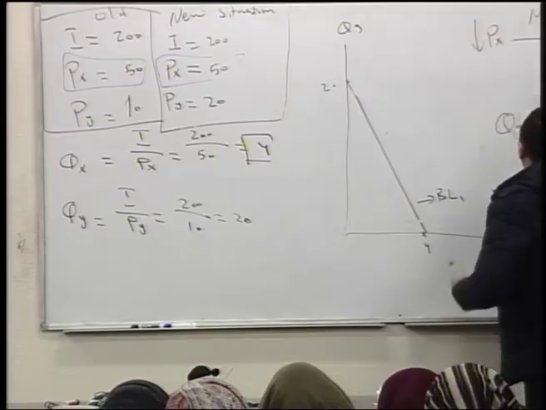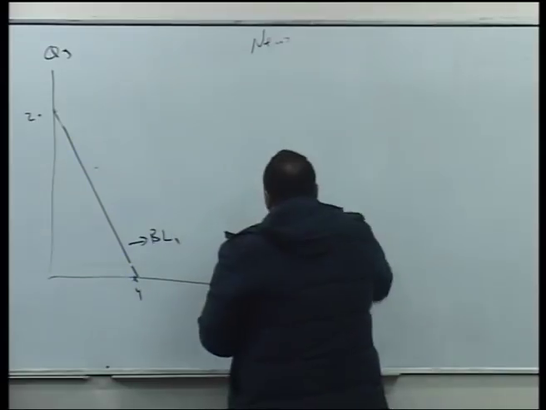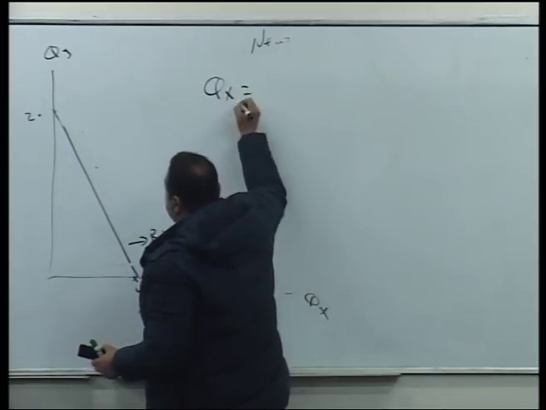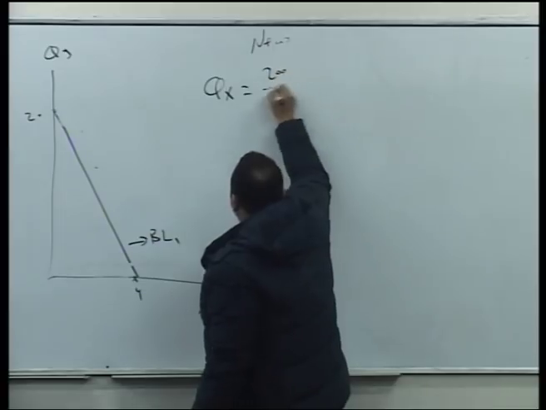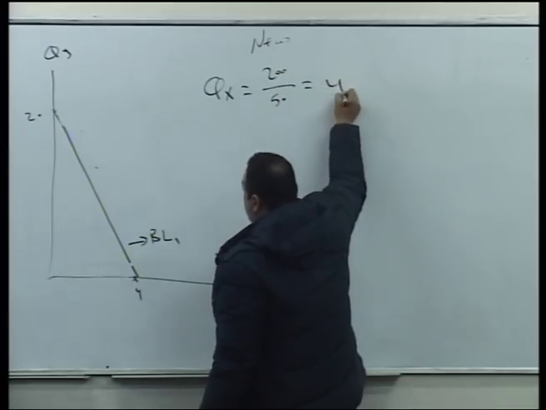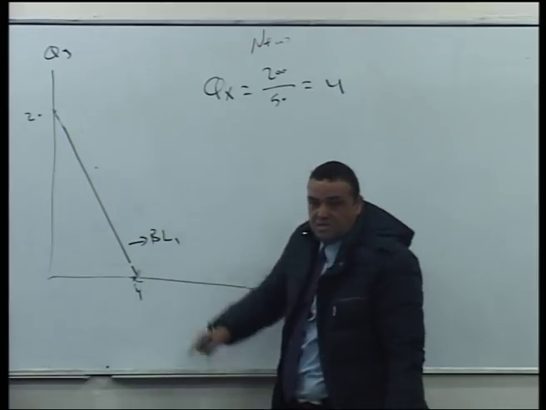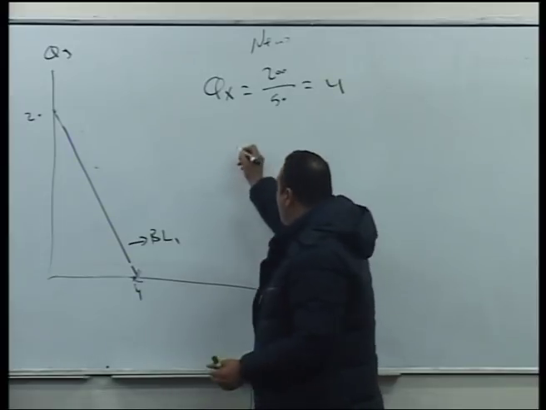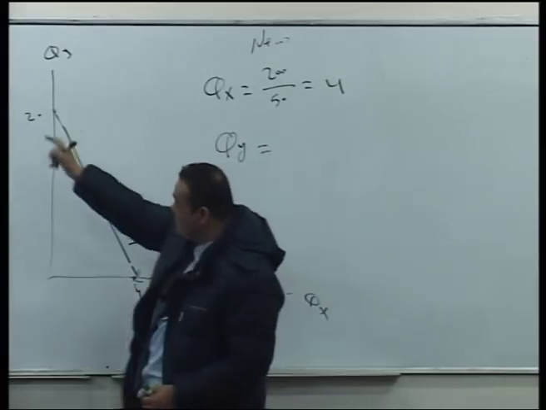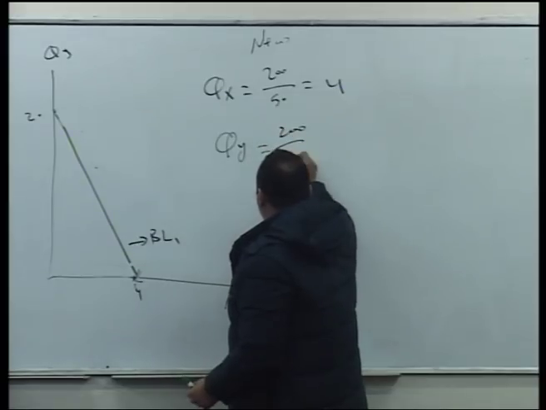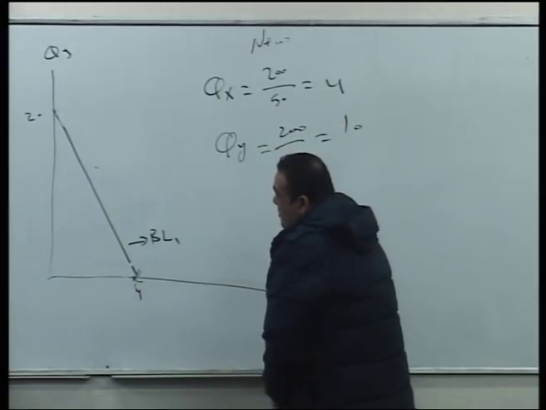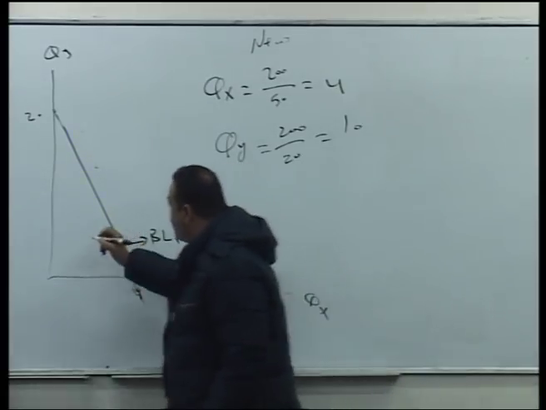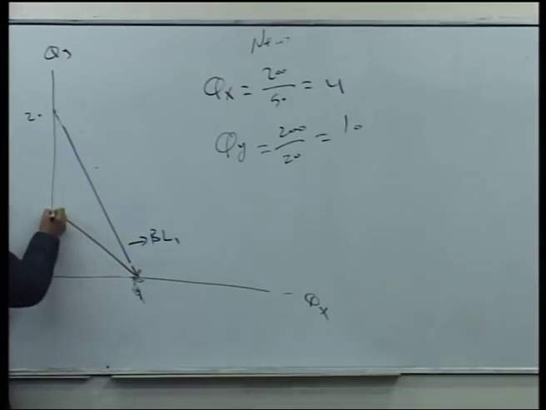So here we have to calculate the new quantity of X and the new quantity of Y. The new quantity of X equals 200 over 50 equals how much? 4. So this is the new quantity consumed of X. What about Y? The new quantity of Y, QY, equals 200 over 20 equals 10. So the quantity of X remains constant at 4, and the quantity of Y decreased to 10.